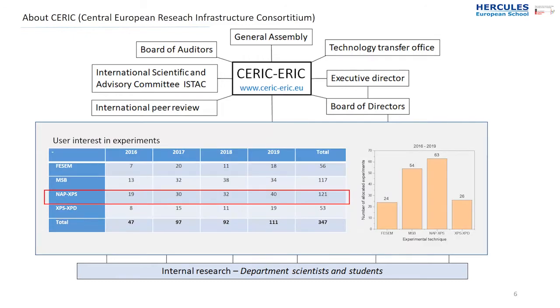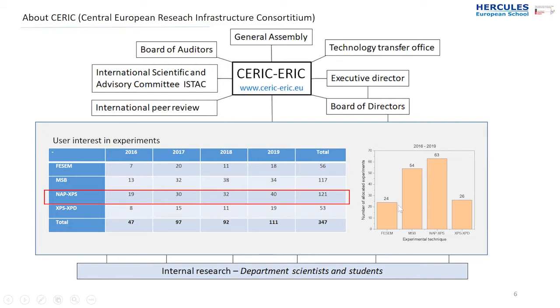How does near ambient pressure XPS stand within this equipment? You can see from these numbers that the number of proposals filed within the last 4 years is increasing with each year. The 2020 data are a little bit skewed by the coronavirus situation, so I'm not showing them here.